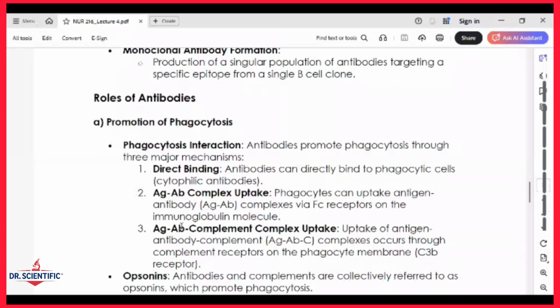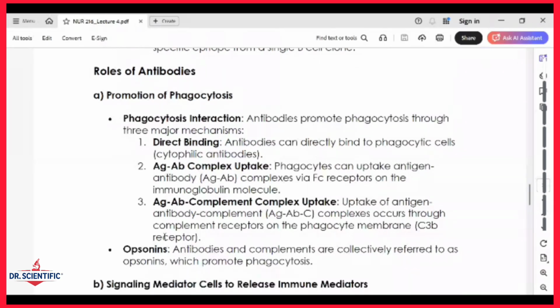So complement, antibody, antigen complexes are signals for phagocytosis. And of course, you remember opsonins. Antibodies are generally opsonins. C4b and C3b, they are opsonins, so complement is an opsonin.